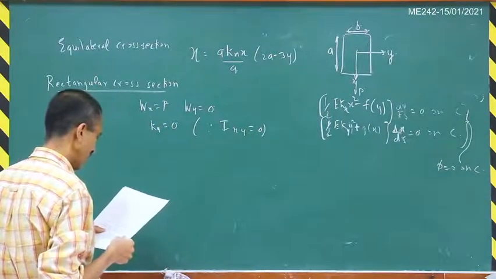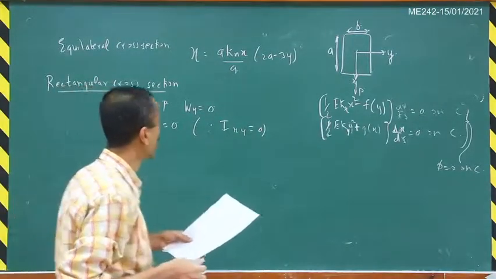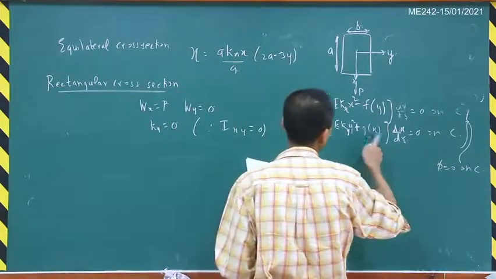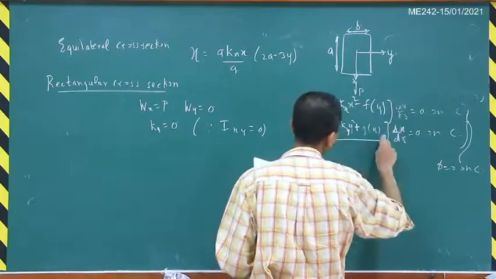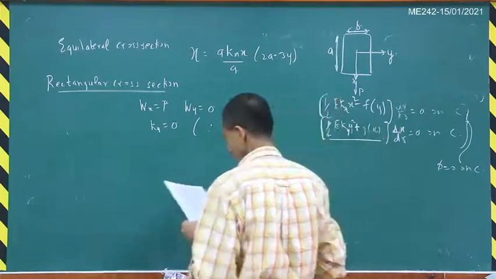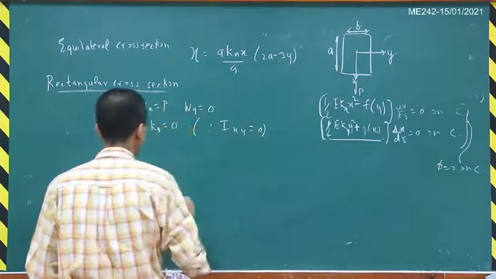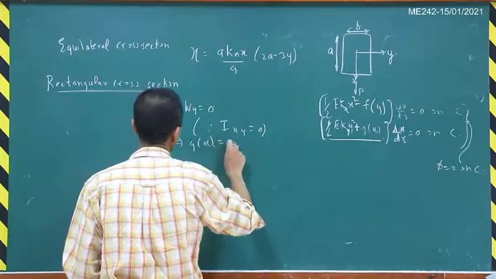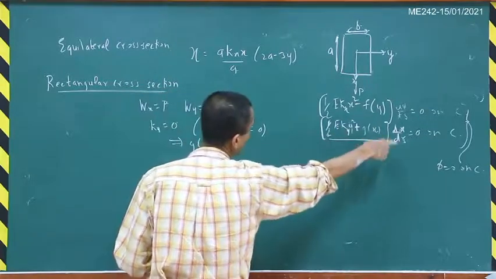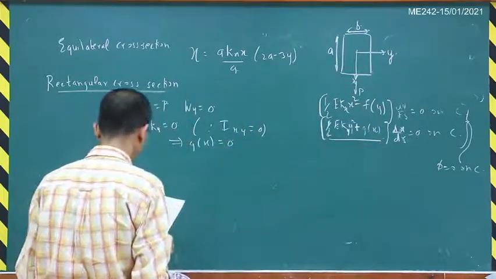And you will get that because kappa y is 0 and dx by ds is not 0 on the entire contour, this will imply that g of x is equal to 0, because on C you want to satisfy this particular condition here.